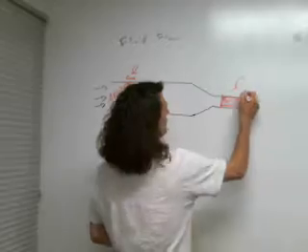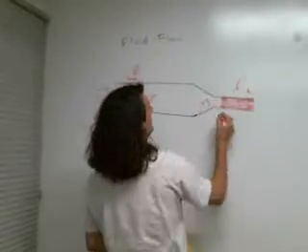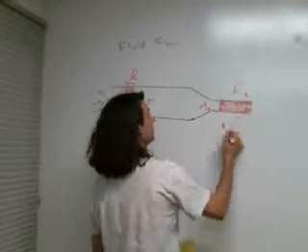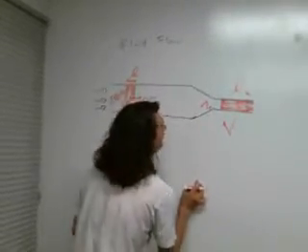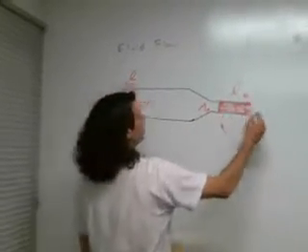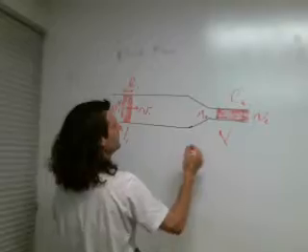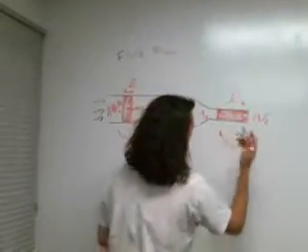So this length goes up, this area goes down, that volume has stayed the same, and the velocity has gone up. So I've got a1, l1, V1, v1, and a2, l2, V2, v2, even though the volumes end up being the same.